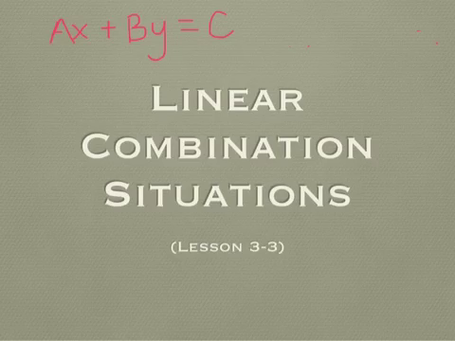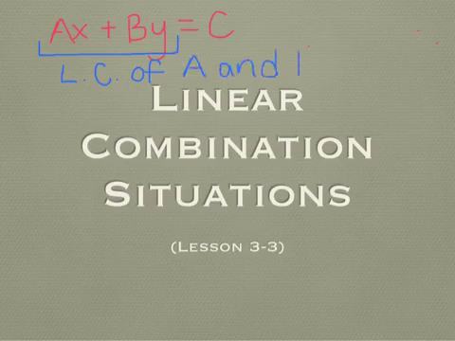Just so you know, in case this question were to come up in the near future, on a homework assignment or something, this part right here, AX plus BY, is what we would call a linear combination of A and B. So if you had a homework question that asked you for a linear combination of G and H, you would say GX plus HY.